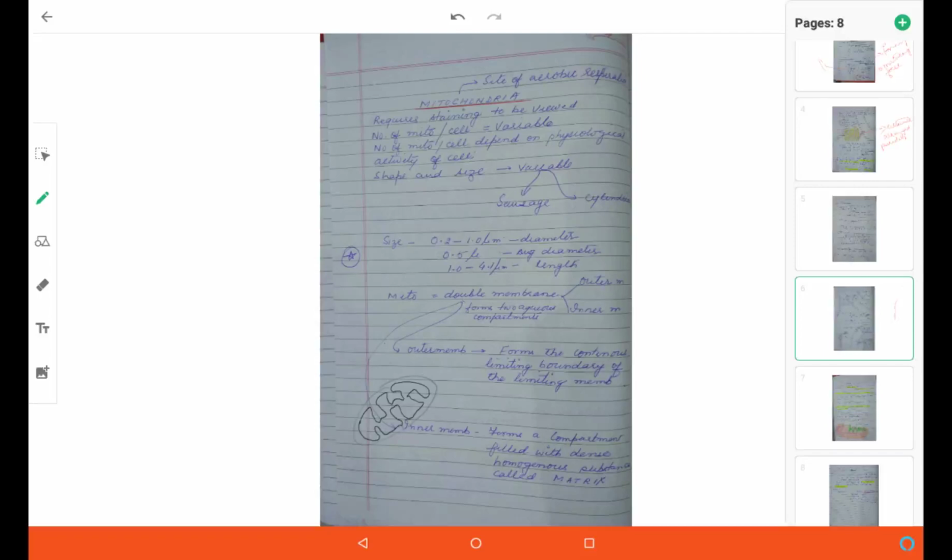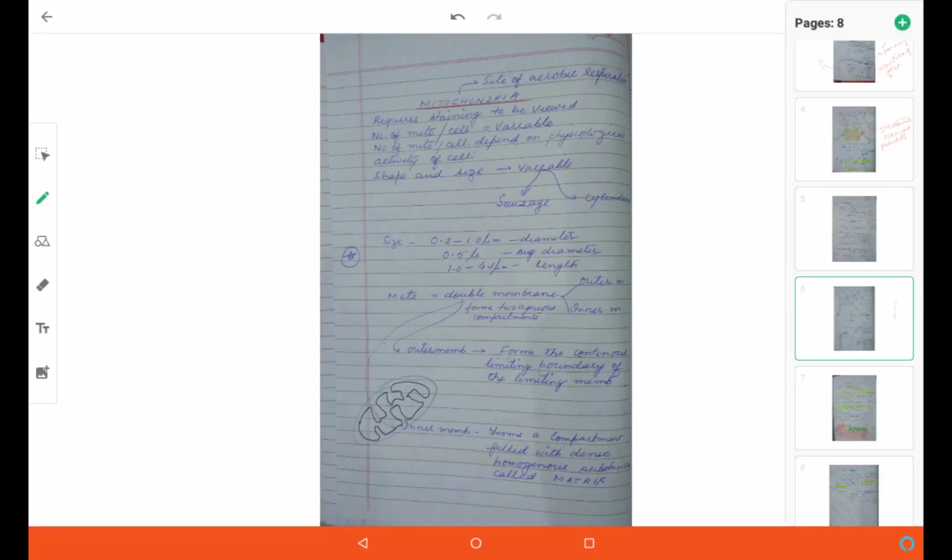Another prominent organelle apart from the endomembrane system is mitochondria. It is the seat and site of aerobic respiration. It requires staining to be viewed, mostly Janus Green B, and the number of mitochondria per cell is always variable depending upon the physiological characteristics and activity level of the cell.